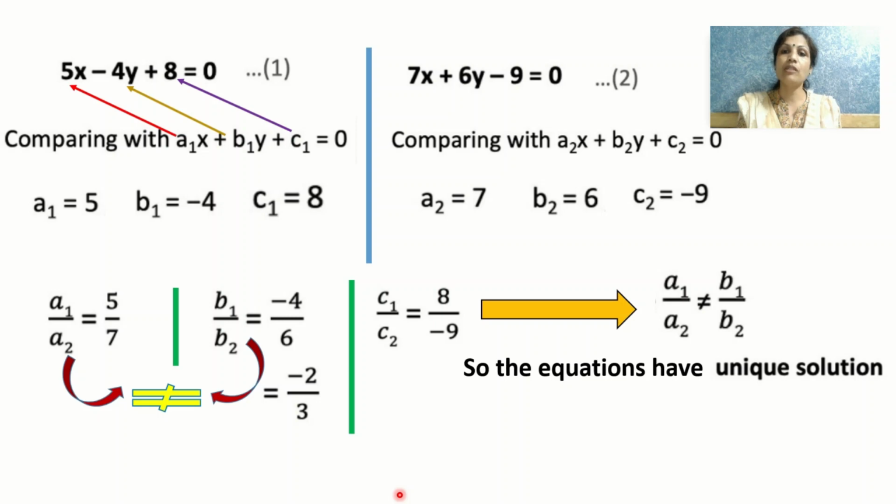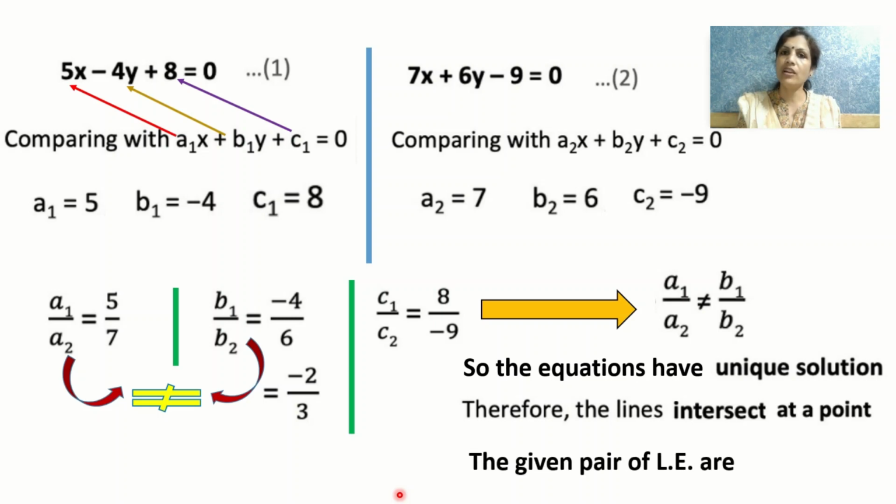And unique solution means, how do the lines look like? They'll intersect each other. When you get some solution for the pair of linear equations, we call that pair of linear equations as consistent. So we say that the given pair of linear equations are consistent. So this is how you have to interpret the result without drawing the graph. And these are very simple sums, and usually they come in the exam for 2 marks.